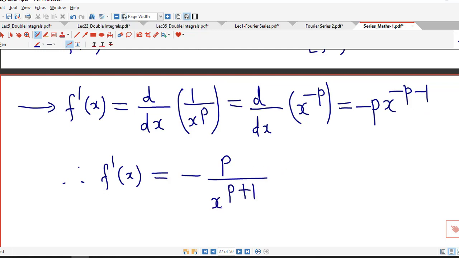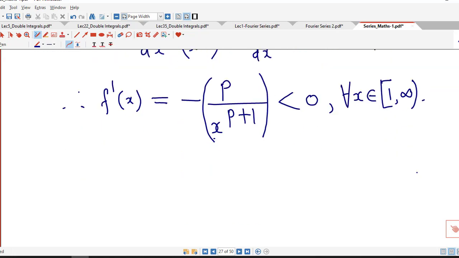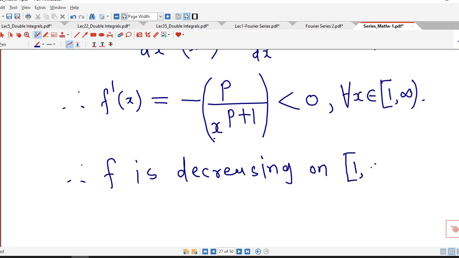Now p is positive, x is also positive, so this whole quantity is positive. Therefore, due to the negative sign, f dash x is negative for every x in the interval [1, infinity). So f is decreasing on [1, infinity).